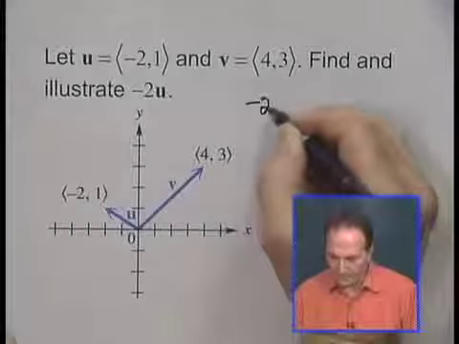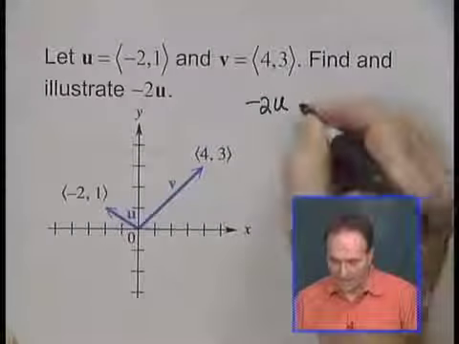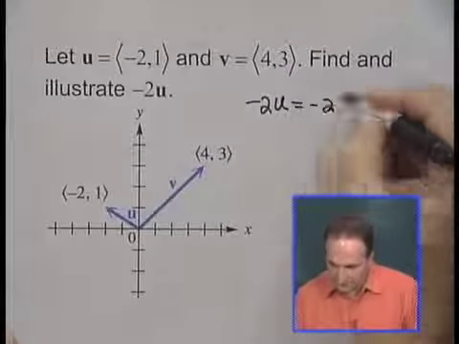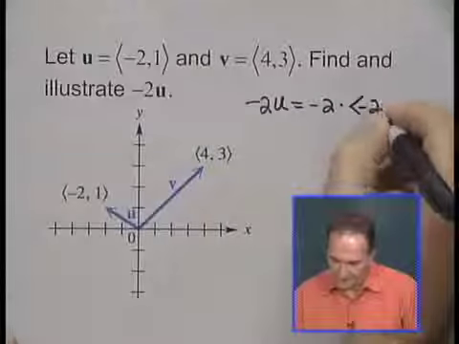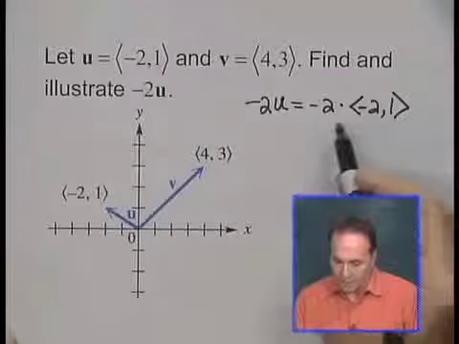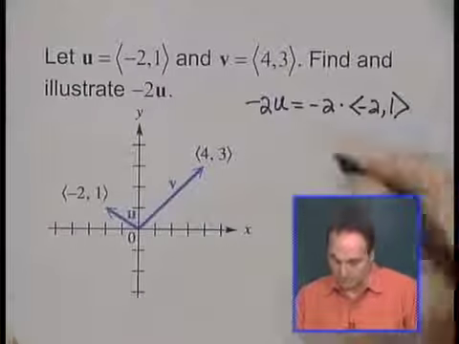So, algebraically, negative 2 times vector u would be equal to simply negative 2 times the vector negative 2 comma 1. We simply multiply the scalar times each of the components.